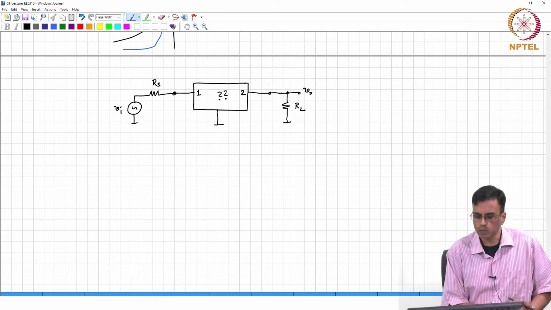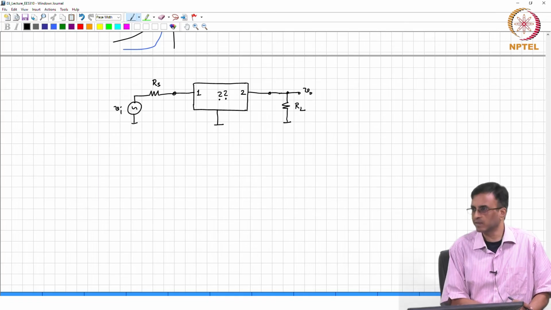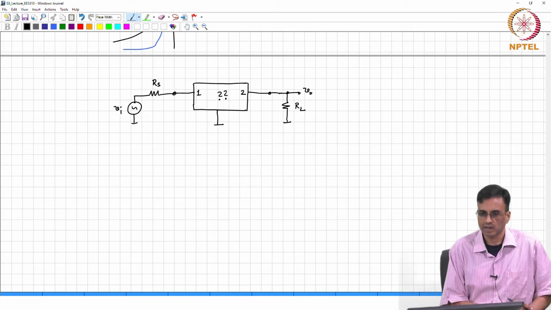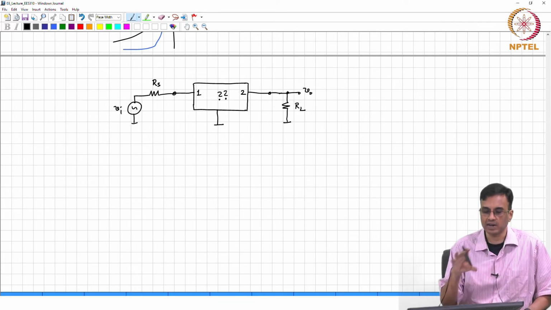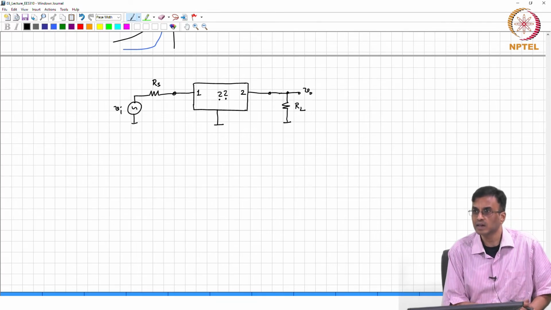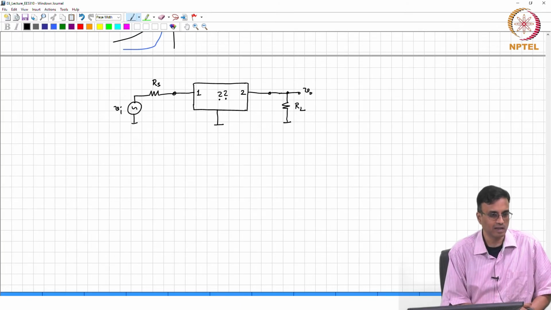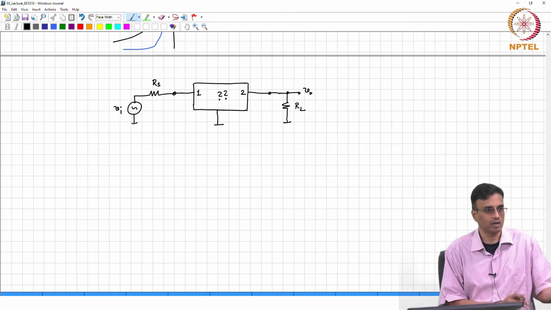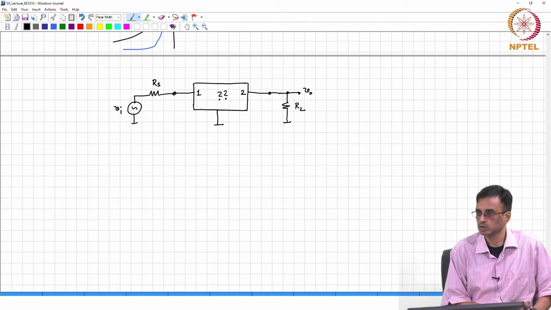The fact that the output voltage is greater than the input voltage is irrelevant, right, because what we need is power gain, correct. So, for example, you can't put a transformer inside the box and then say it is amplifying. Even though you get a large voltage, the moment you put a load resistance, the voltage will drop dramatically, so that the total power can only be smaller than what is being sucked out of the source.